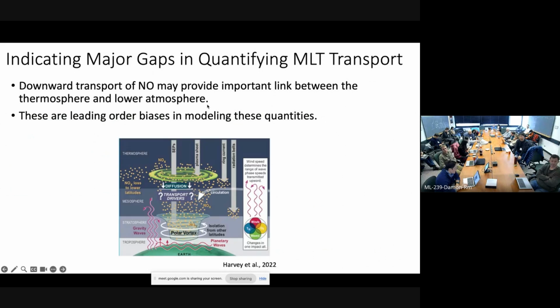And this gap is important because the downward transport of nitric oxide is very important in understanding especially the indirect effects, the IE effects of the precipitation, where in the polar winter, the NOx in the thermosphere can be transported downward, and it may affect the ozone in the middle atmosphere, and therefore the dynamics in the middle and even lower atmosphere.